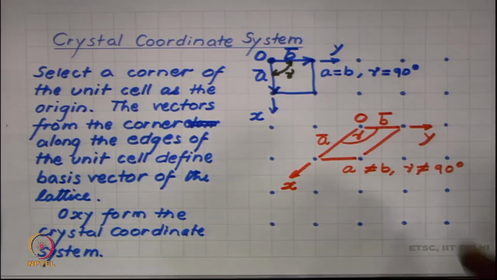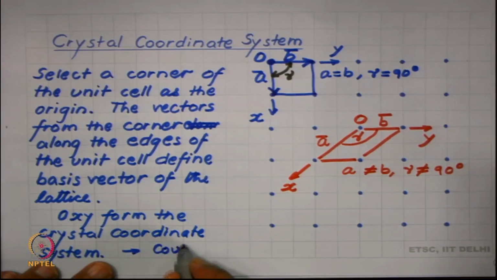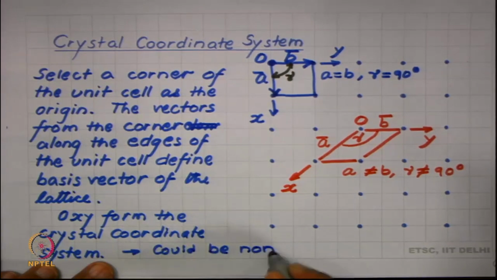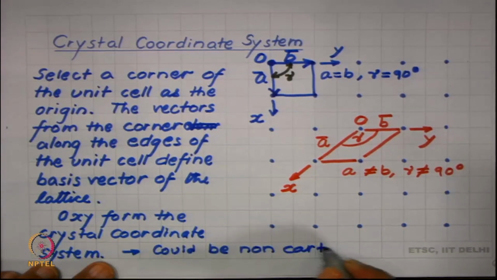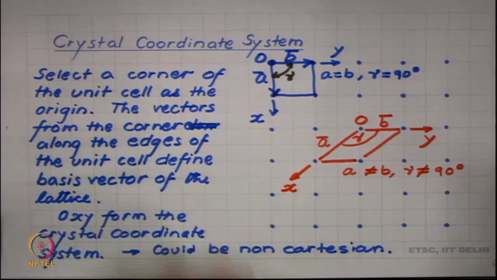So, the crystal coordinate system can be non-Cartesian.